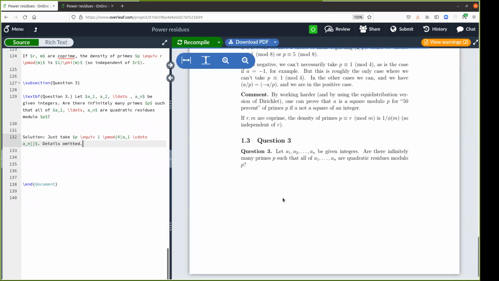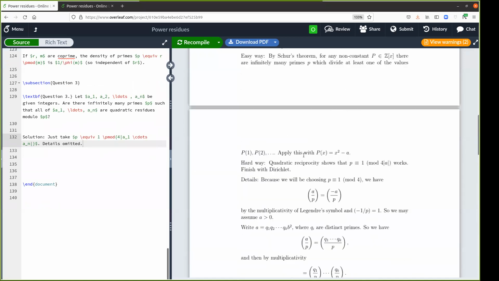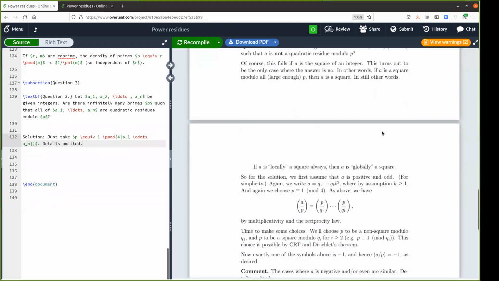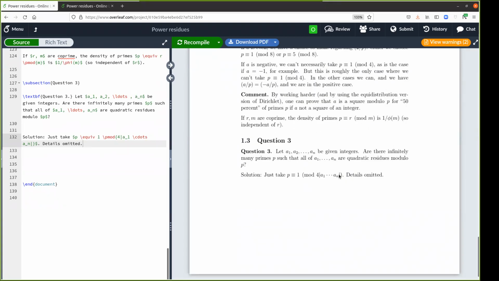We just take p equal to 1 modulo some suitable number, and that's it. The fact that this works follows by the claim in question 1 when we assert that p equal to 1 modulo 4a works. And that's it.